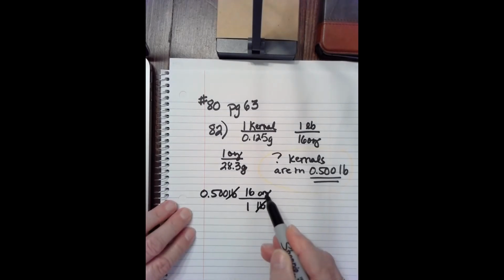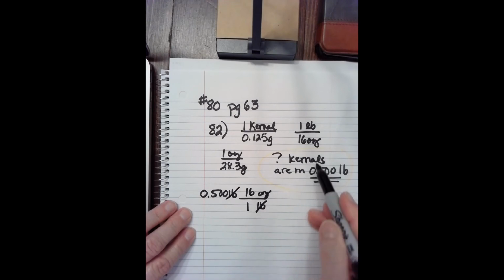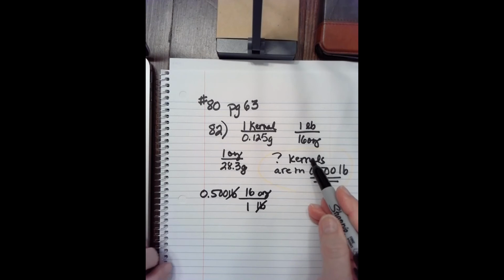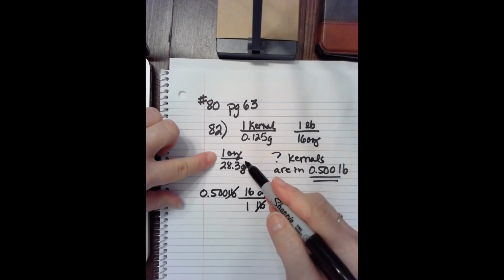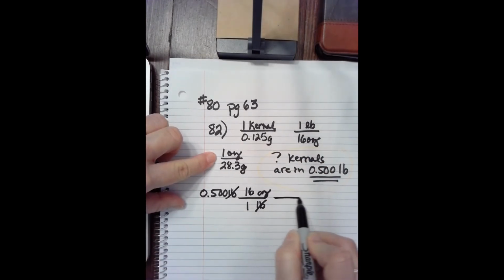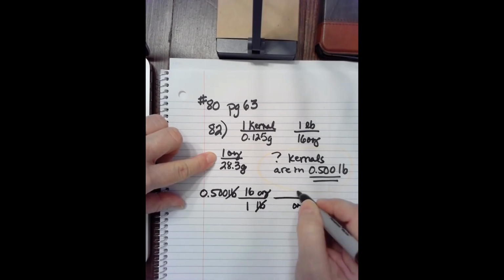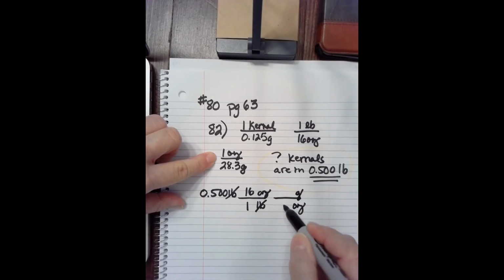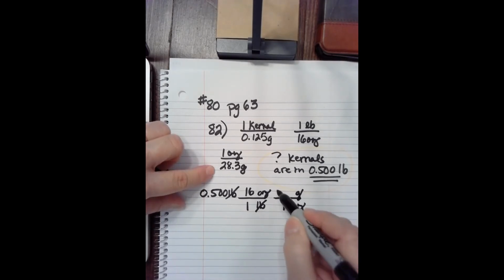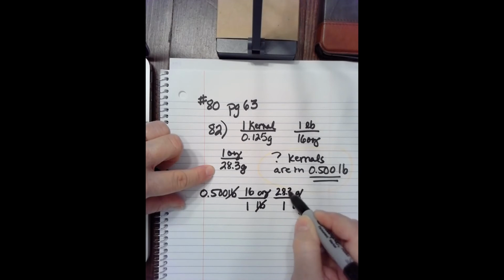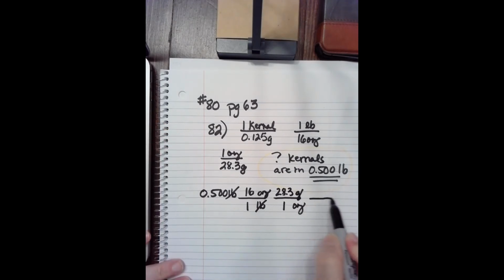Now I have ounces, but I don't want ounces. I want kernels. So now I'm going to say, oh, I need this one. So I'm going to put ounce on the bottom and gram on the top. This is 1 ounce, and this is 28.3 grams. So ounce cancels.